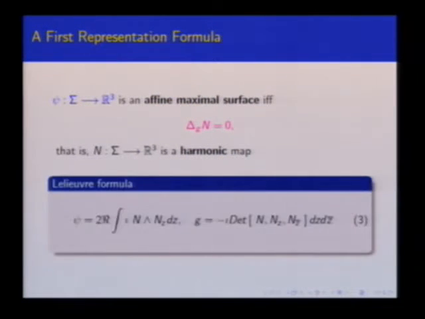In fact, using the Lilium formula, we can obtain any affine maximal surface from a harmonic curve M in this way here. And the affine metric is given by this quadratic form here.